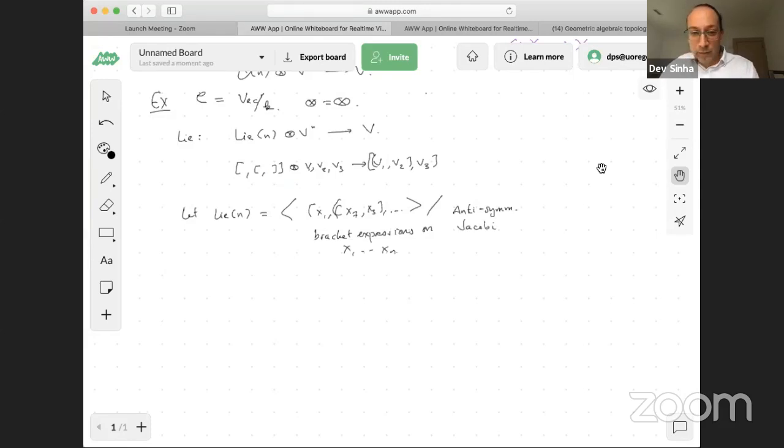And this should sound vaguely familiar from some of our discussions of configuration spaces.